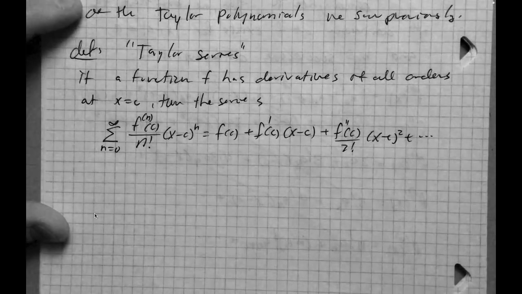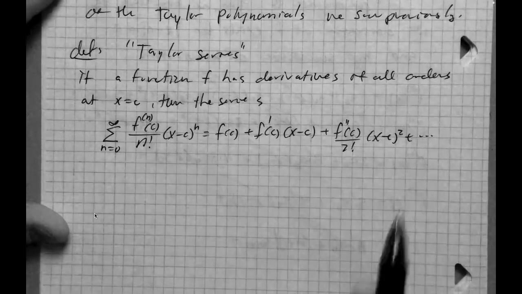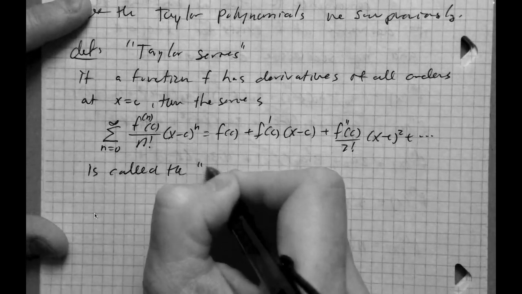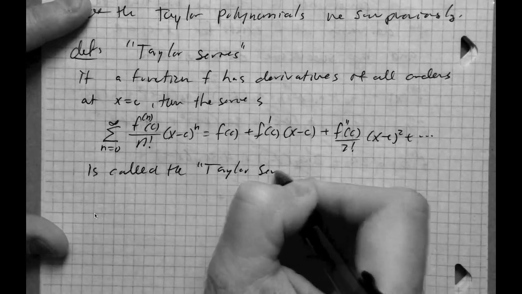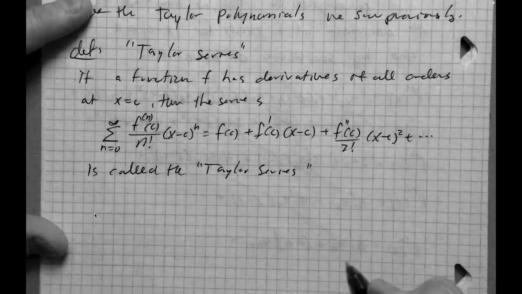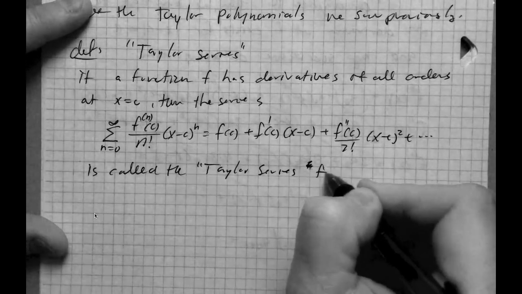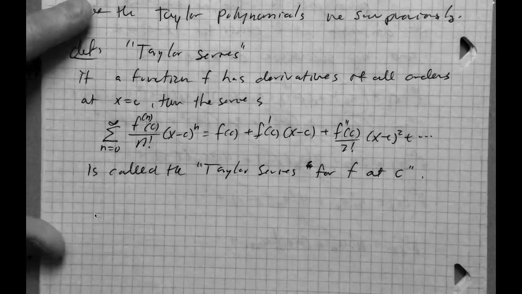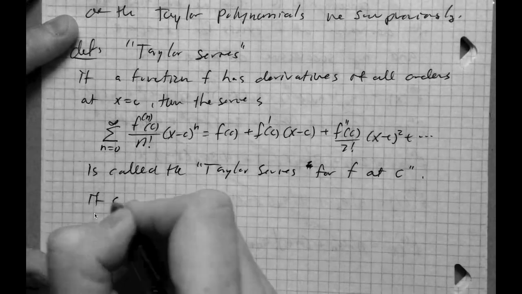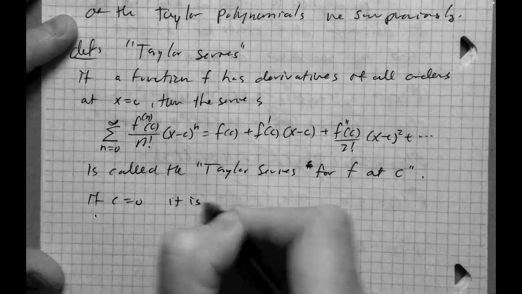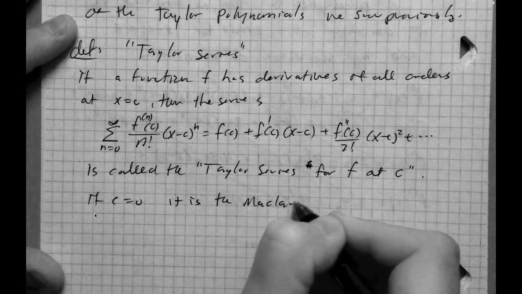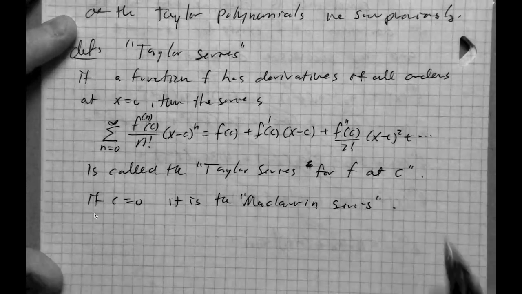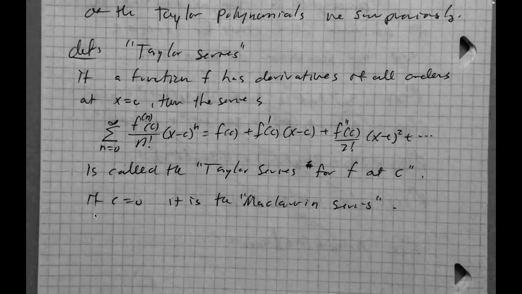This is called the Taylor series, the Taylor series for f at c. And if c equals 0, it is the MacLaurin series. So that's the definition.